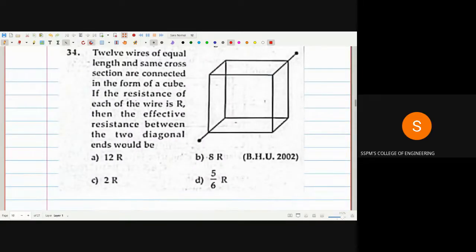या एक्झाम्पल मध्ये आता काय केलेलं आहे. The resistances of equal value are connected in a cube. There are how many resistances? 12 resistances connected at the edges of the cube. सगळ्यांची व्हॅल्यू सेम आहे.